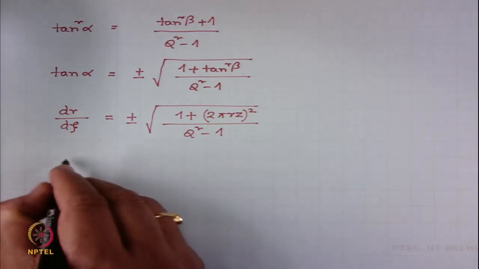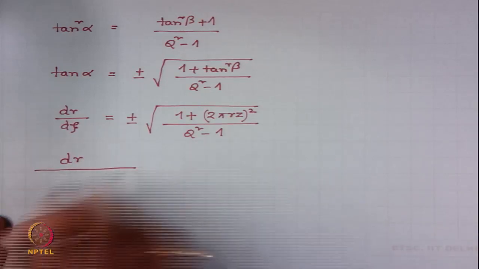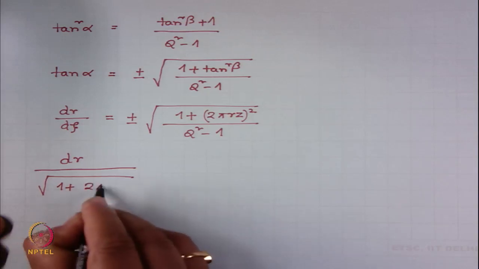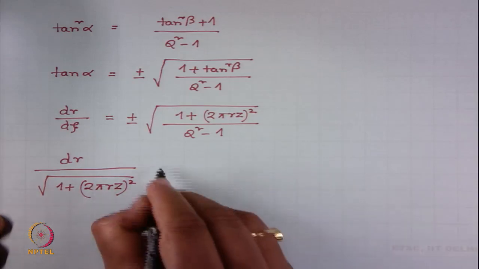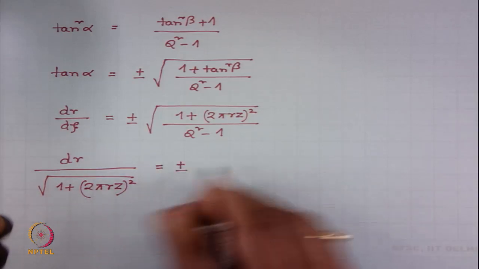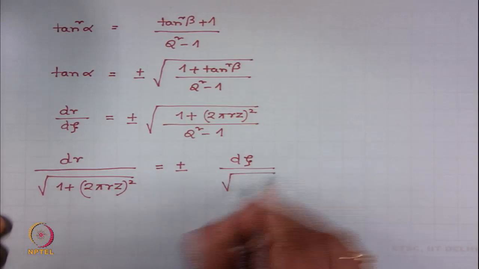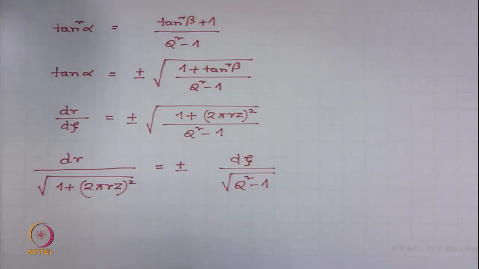So, we can write further dr by root over 1 plus 2 pi r z square is equal to plus minus d zeta root over q square minus 1, right.